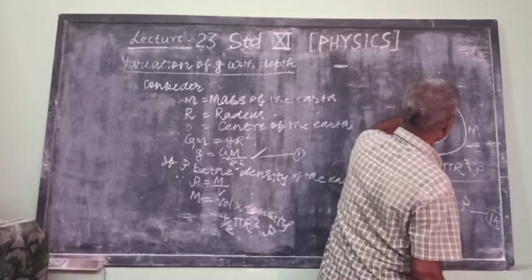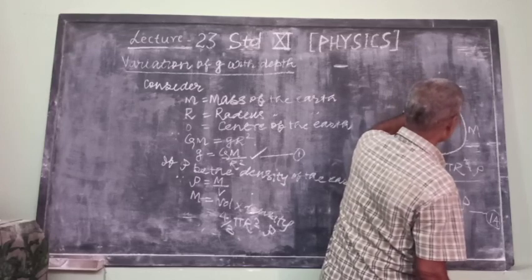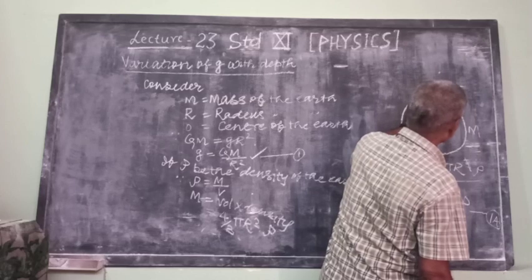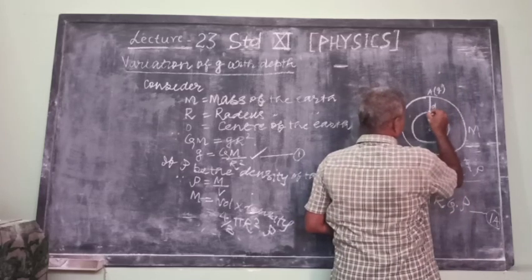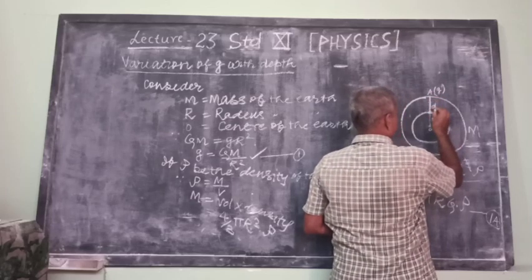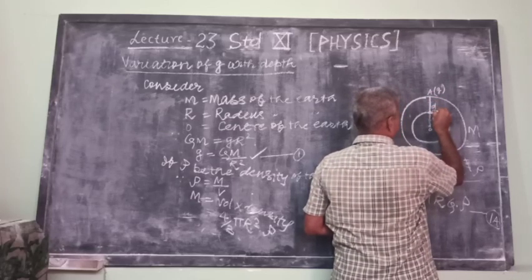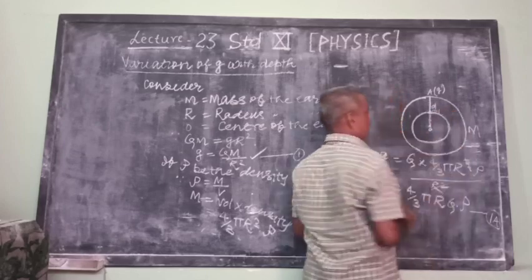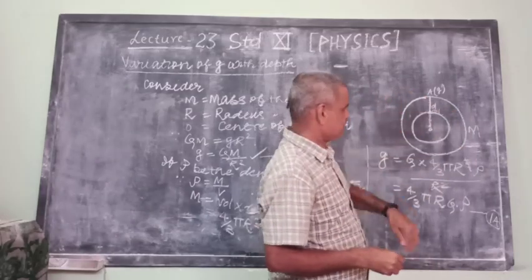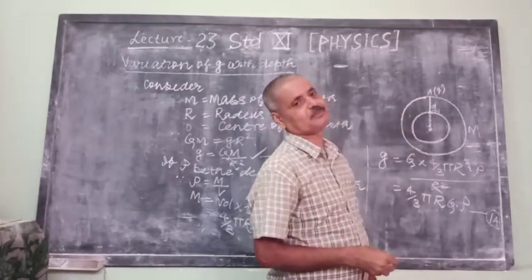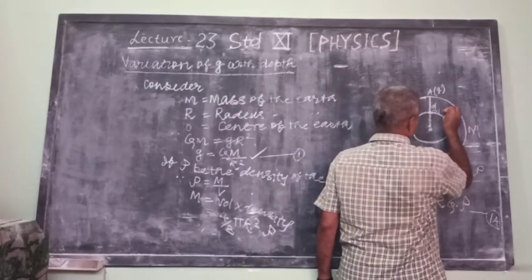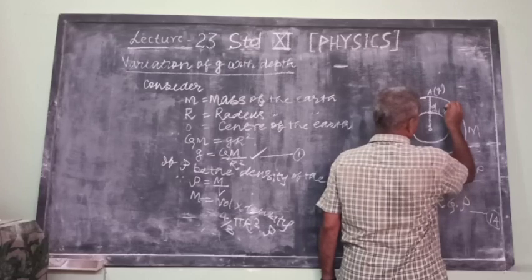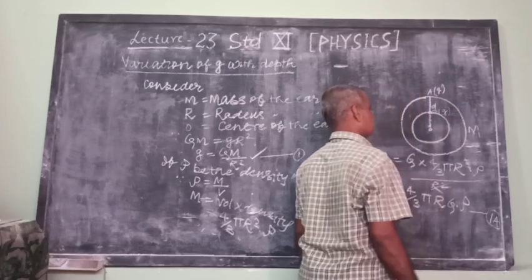It was your R. Suppose a body be situated at a depth d, and the point B be placed at a depth d, and the value of acceleration due to gravity be g dash here.